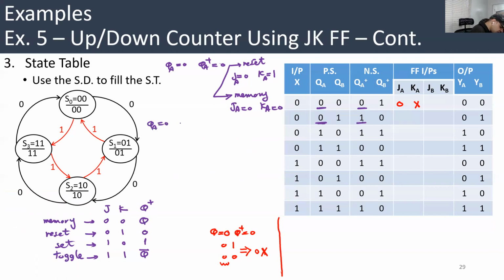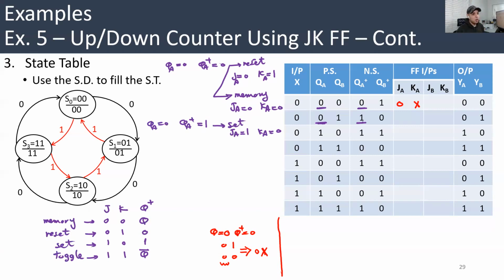QA is 0, QA plus is 1. Again, you can interpret or translate this in two ways. QA plus is 1. You might say it's a set state, right? Set means that JA was 1 and KA was 0 when the clock edge comes. That's why QA plus is 1.